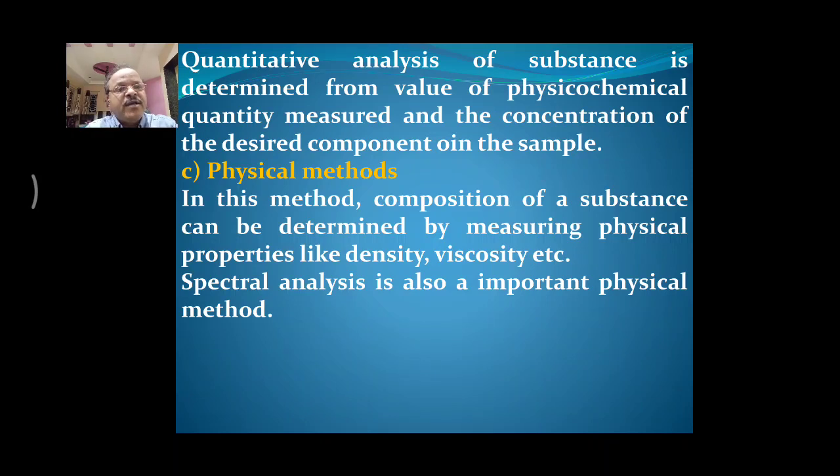That can be determined by using physical methods, and here the help of physical properties like density and viscosity is taken. Similarly, spectral analysis is also an important physical method. All the spectroscopic methods which are based on physical principles are physical methods, and these are useful as compared to chemical or physicochemical methods.